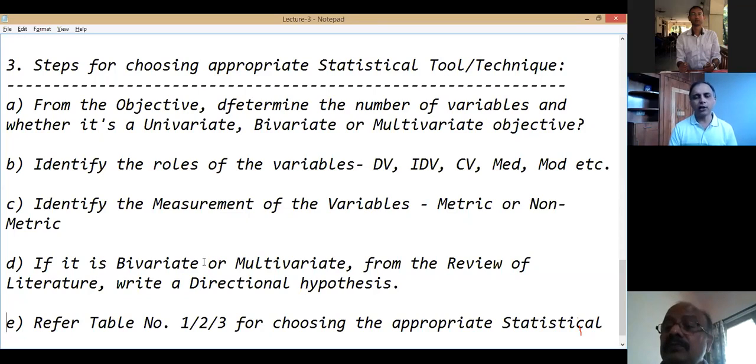Control variables are those independent variables which we know already influence your dependent variable. The independent variable is what you are studying, but for control variables you already know their effect is there. So you don't intend to study them, but you need to control their effect. There are certain ways for that.